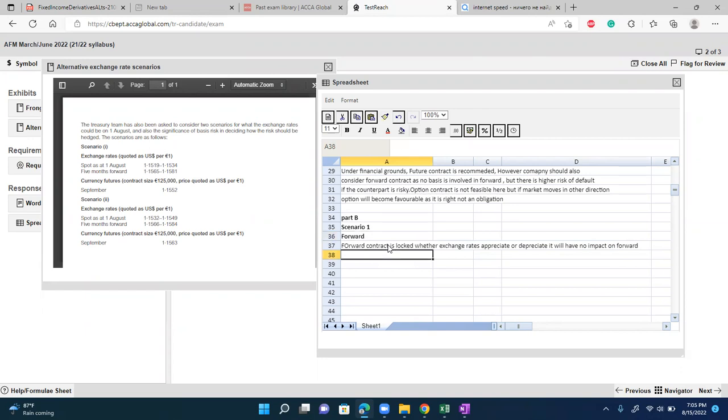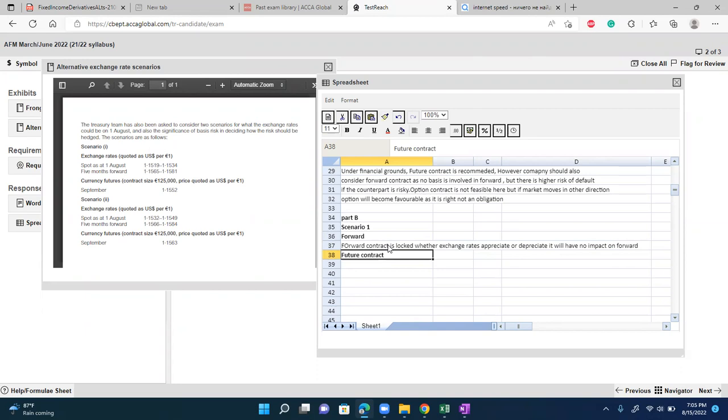Second is the future contract. In the future contract, we have locked our position; we have opened the future contract at 1.1560.